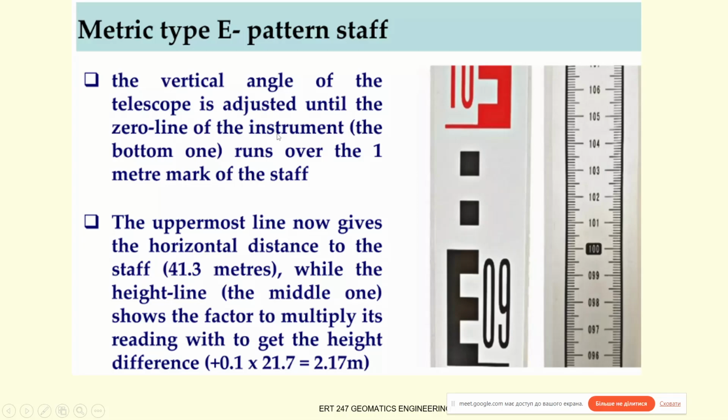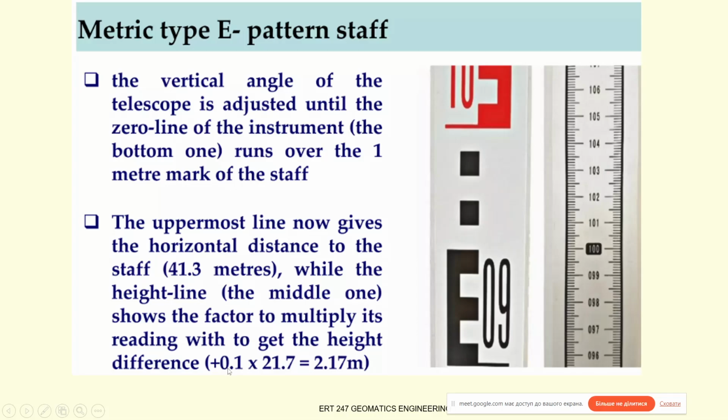The vertical angle of the telescope is adjusted until the zero line of the instrument runs over the 1 meter mark of the staff. The uppermost line gives the horizontal distance to the staff, while the height line of the middle one shows the factor to multiply its reading with to get the height difference.